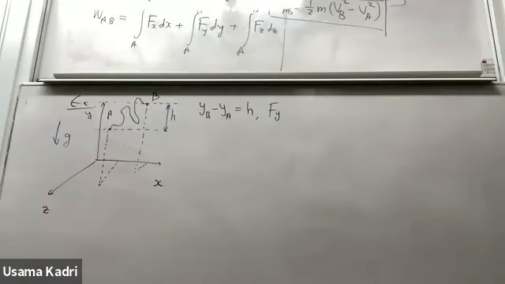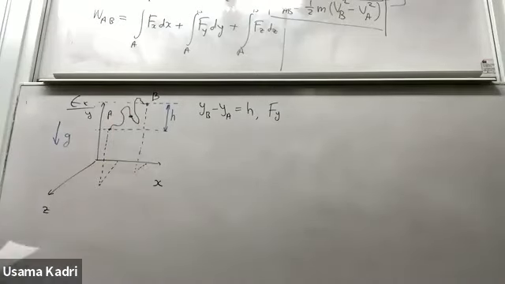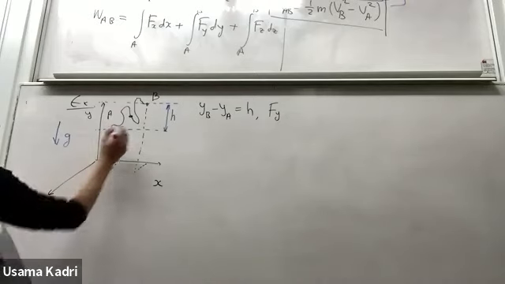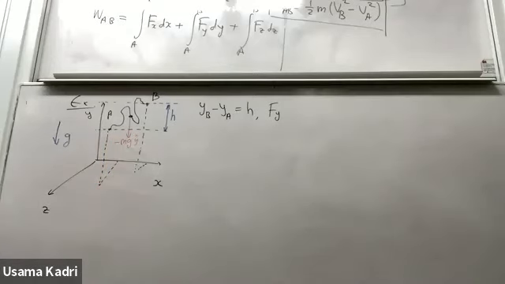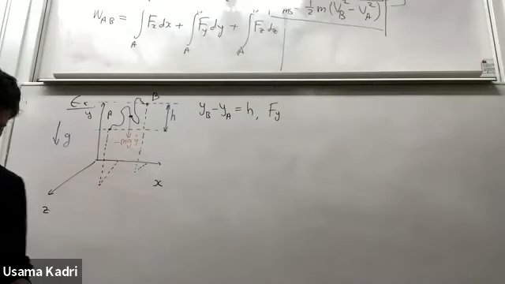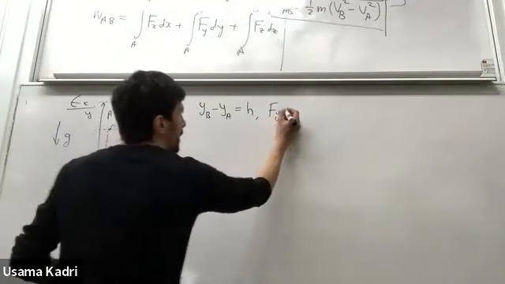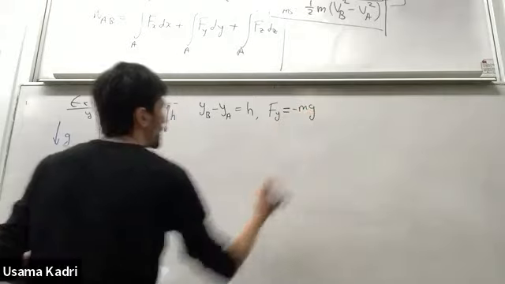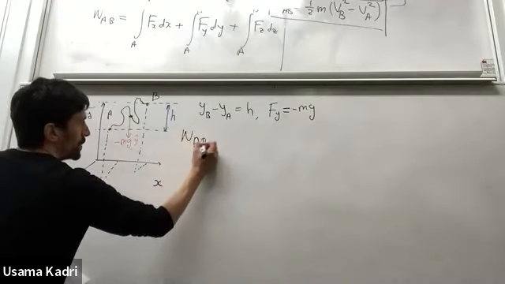If the object is at some point, let's say here, we have a minus mg in the y direction. So Fy is minus mg, WAB.